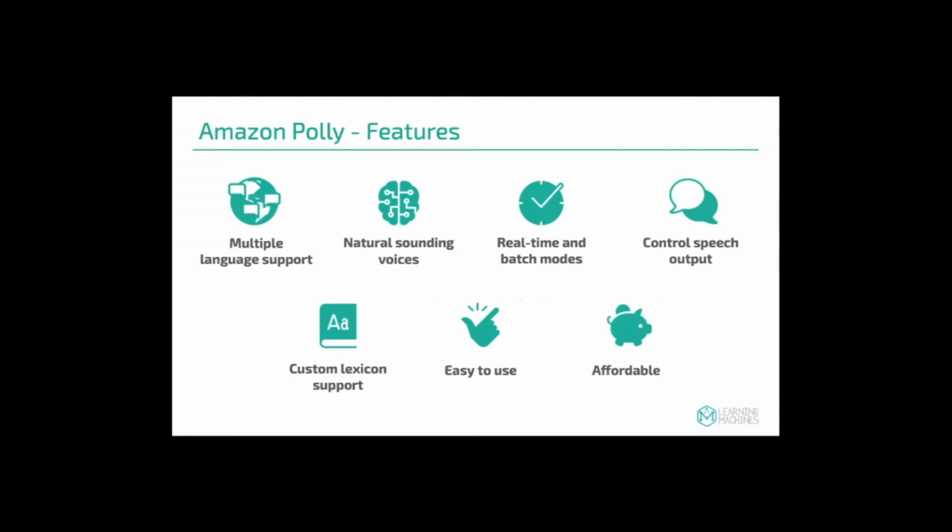I think probably the most unique feature here is the neural voices that they've developed, which use the most current machine learning techniques. Also support for real-time and batch modes, and the ability for you to control the output of the speech, of which I'll show you an example or two during the course of this webinar. Quite easy to use and quite affordable.